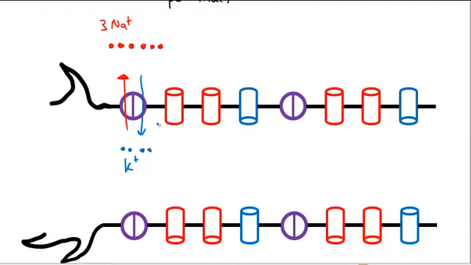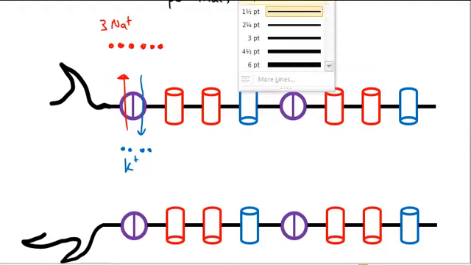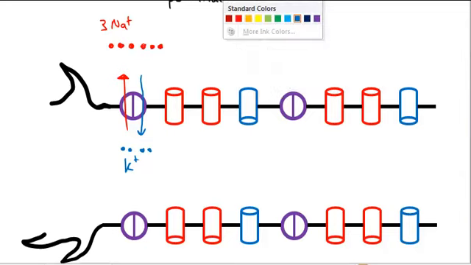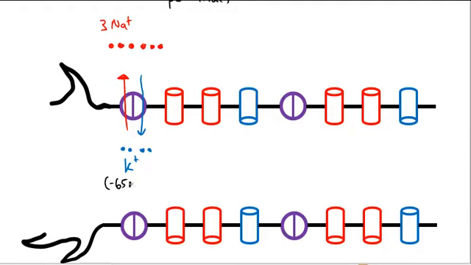So that action is what sets up the resting potential to be negative 65, because we have less positives on the inside of the cell, equals the resting potential.